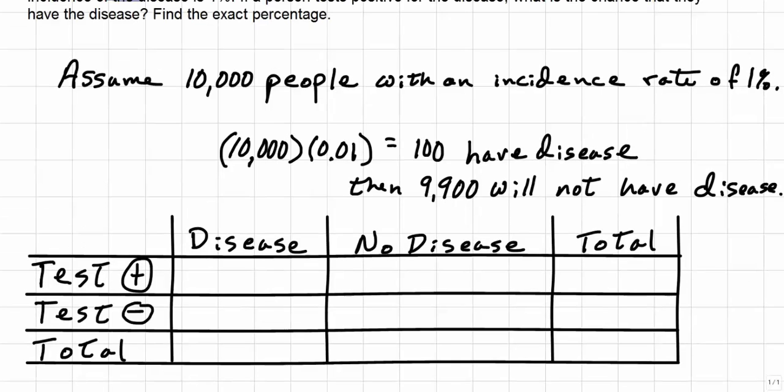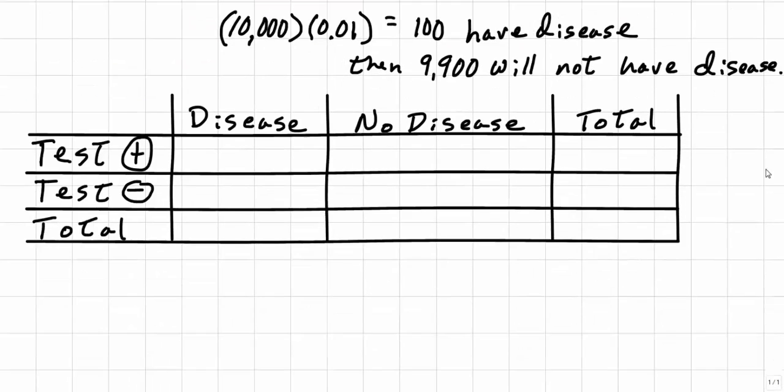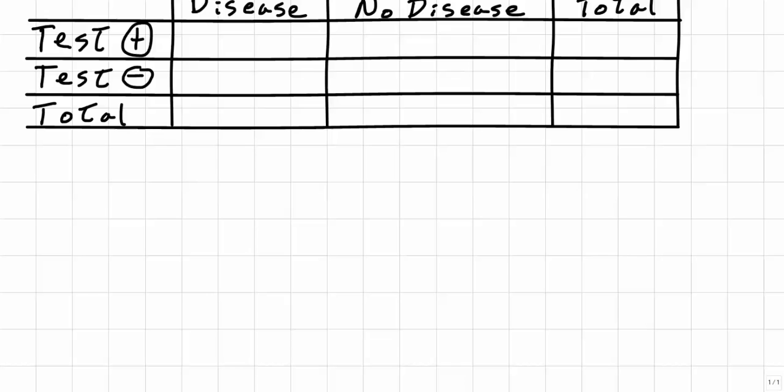Now we understand that the test for a disease correctly gives positive results from 95%. Which means that we're going to find 95% of the 100 that we know will have the disease.